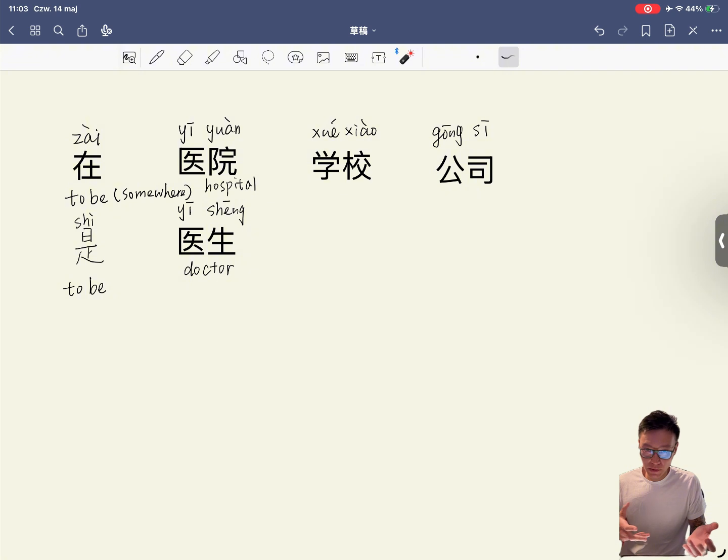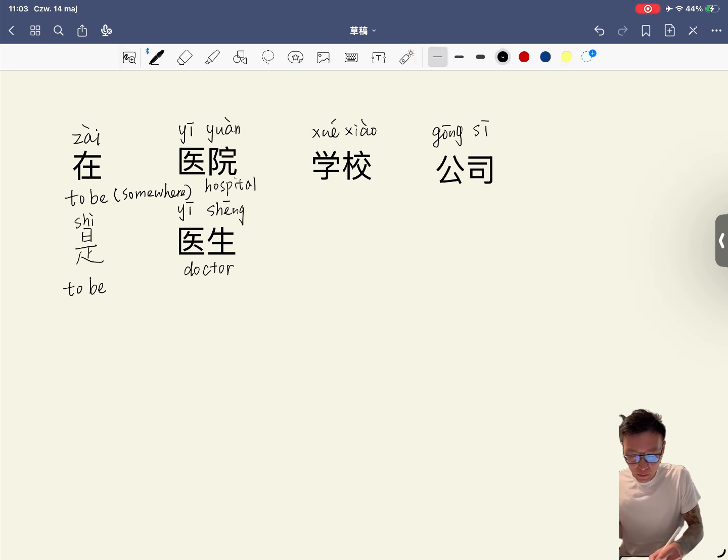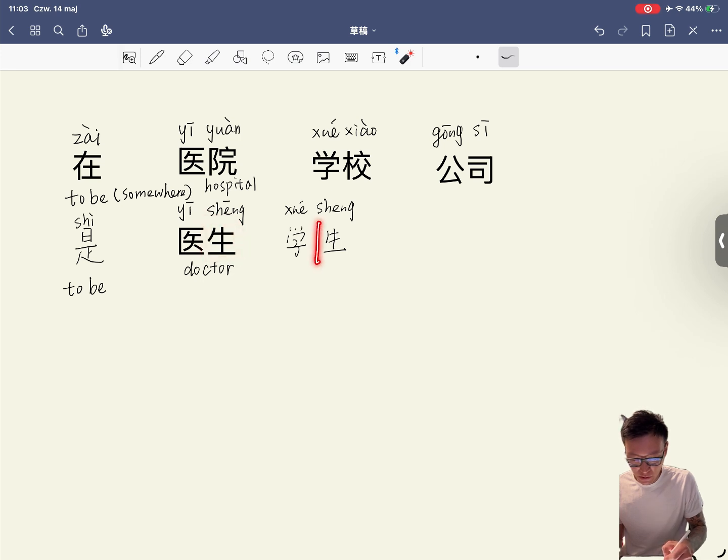That's why hospital is 医院, and doctor is 医生. And if you still remember, we also had a word 学生, right? 学生 means student. Okay, I will write it beside it. 学生, student. So 医生 has the same second character as 学生.